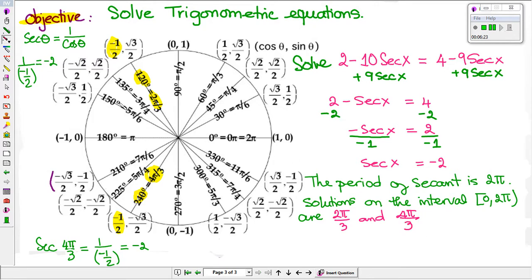Now what happens if we continue to go around the unit circle? So we are talking about the solutions on the interval from negative infinity to positive infinity.